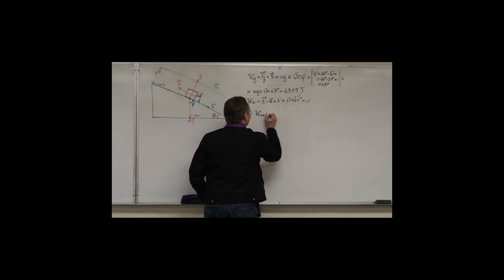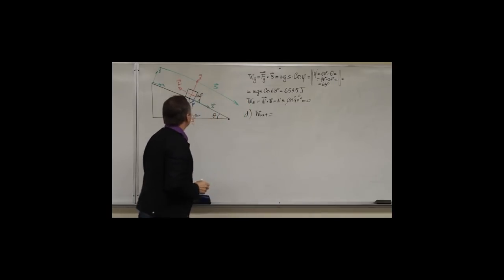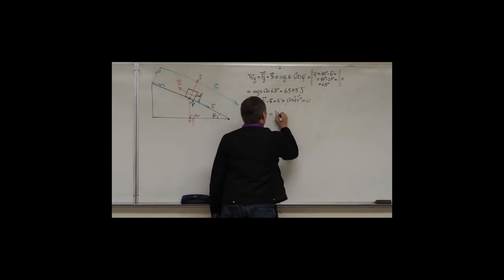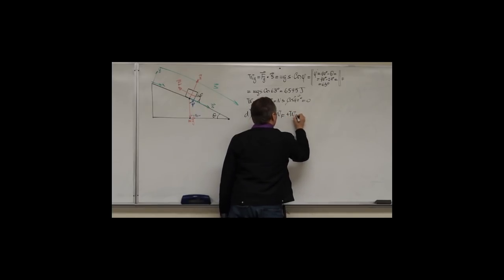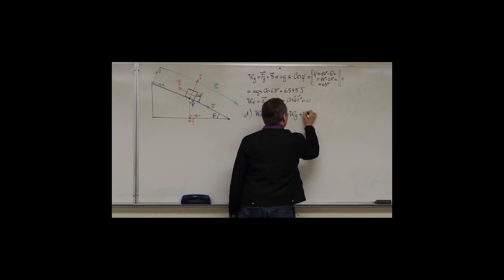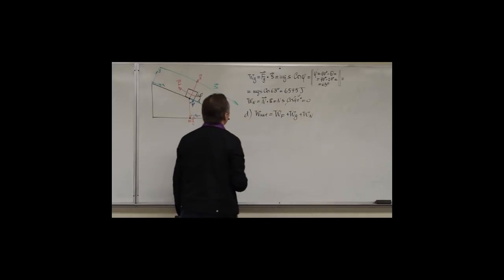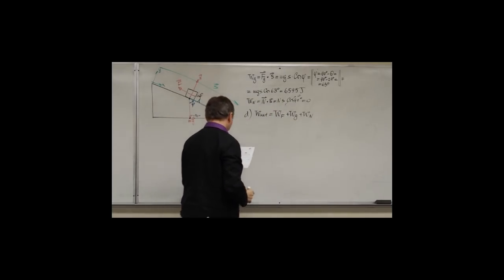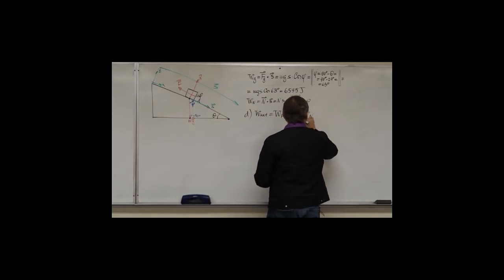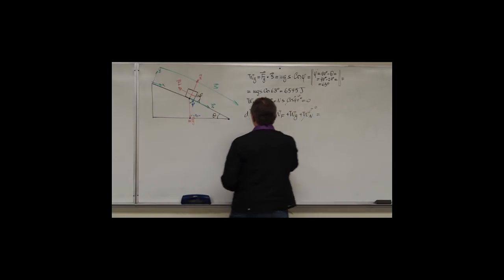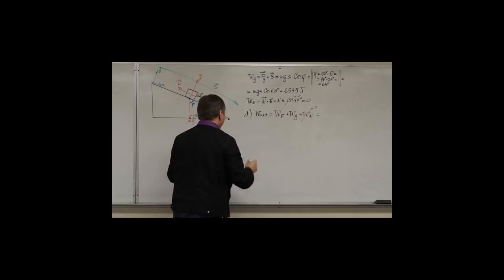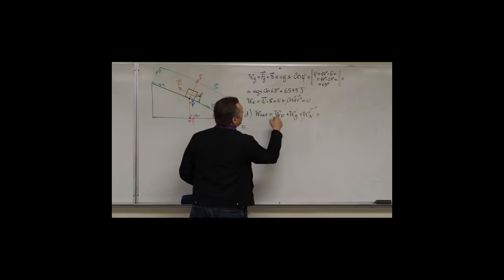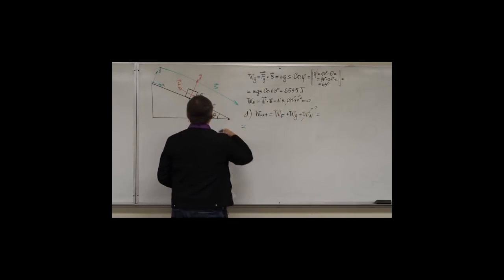Now W net is equal to work done by F plus work done by gravity plus work done by the normal force. That's it, three forces. And of course, this one is zero.